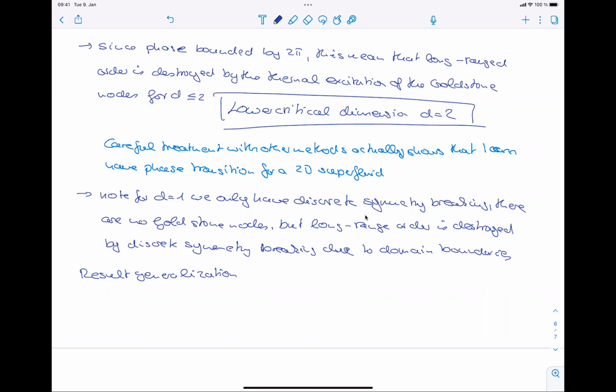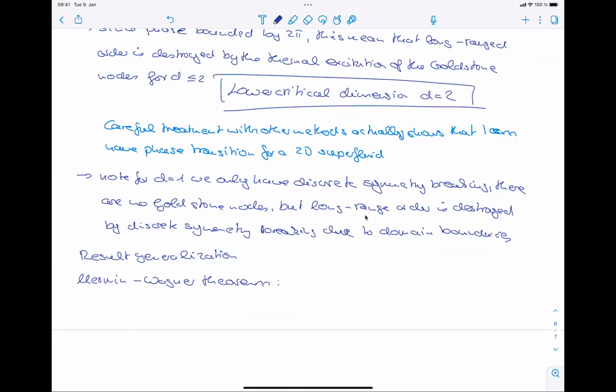So I still had classes with him, which maybe makes me old, but anyway. So there's the Mermin-Wagner theorem. It doesn't follow from field theory, but sort of goes beyond.